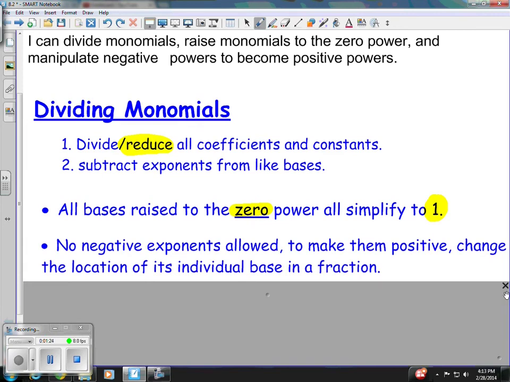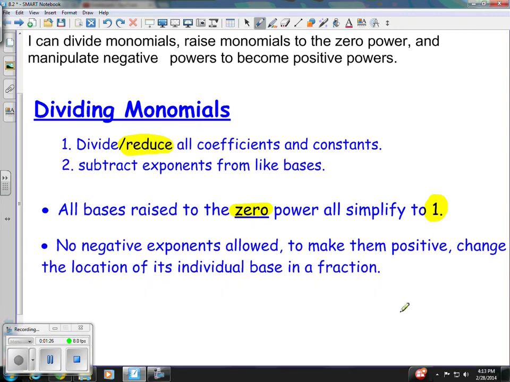We know that from our examples of monomials. But if we do get negative powers, to make them positive, we change the location of its individual base. So it's just that one variable, or just that one base number in a fraction. So change the location of its base in a fraction.